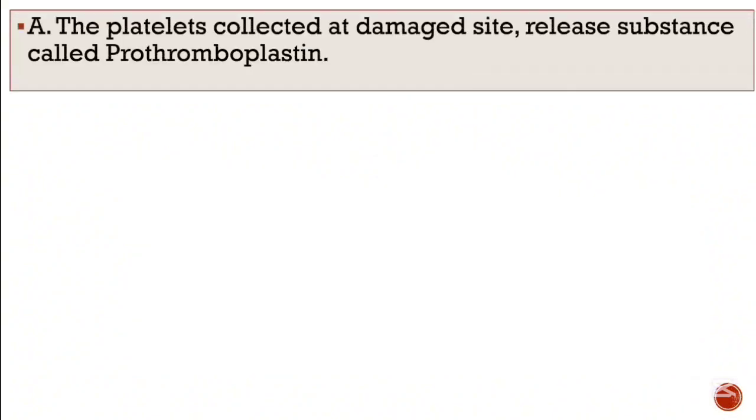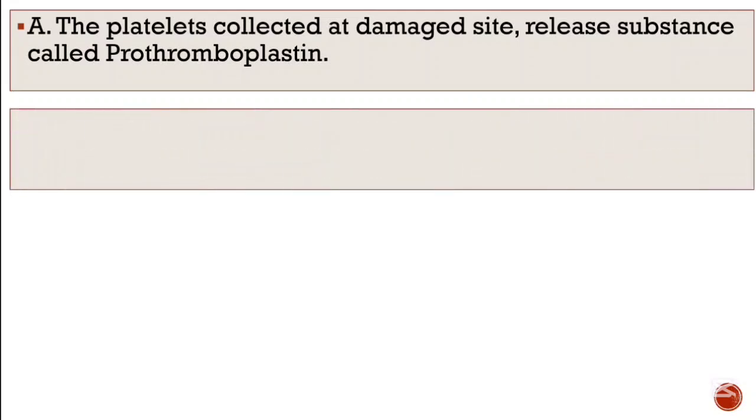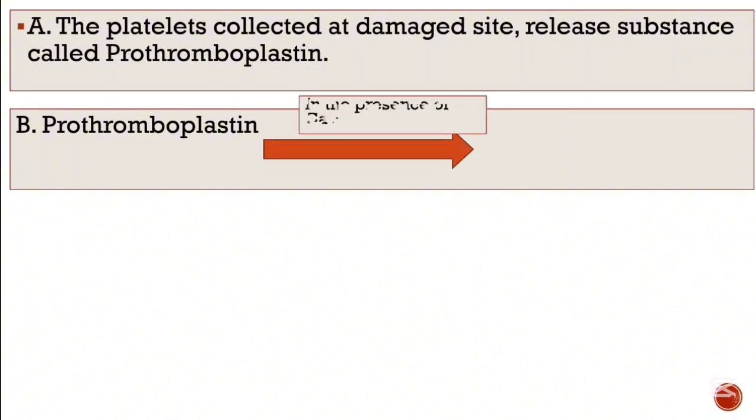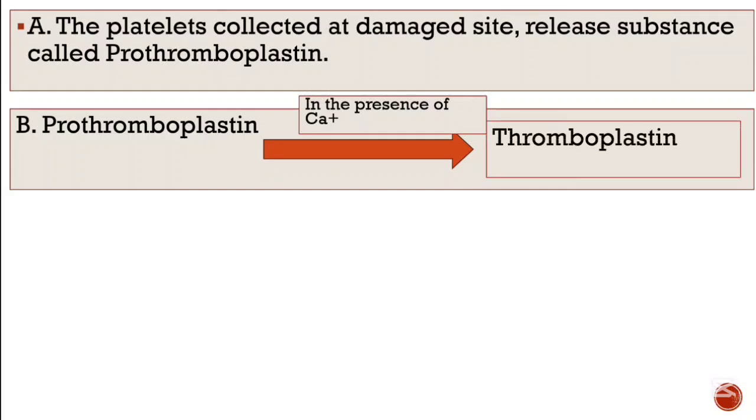Firstly, the platelets collect at the damaged site and release a substance called prothromboplastin. After that, the prothromboplastin in the presence of calcium will form thromboplastin.